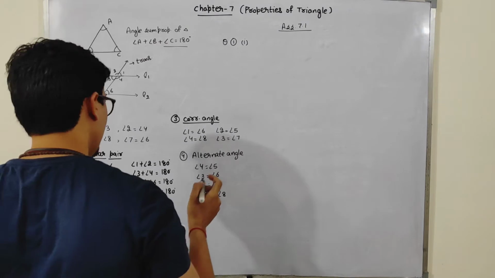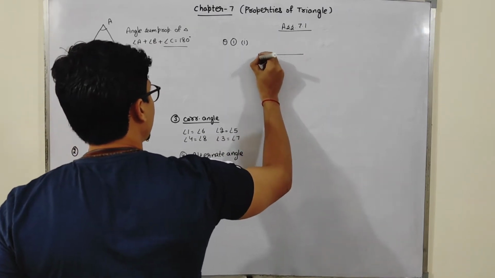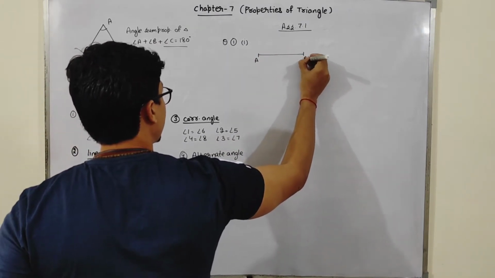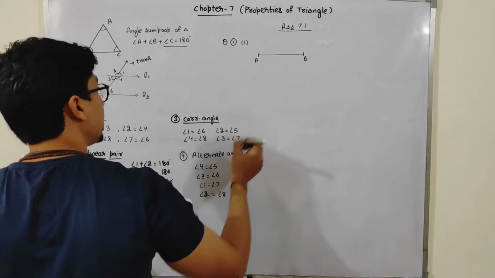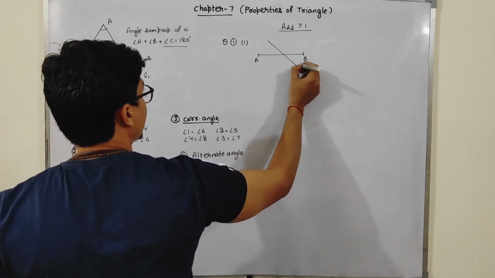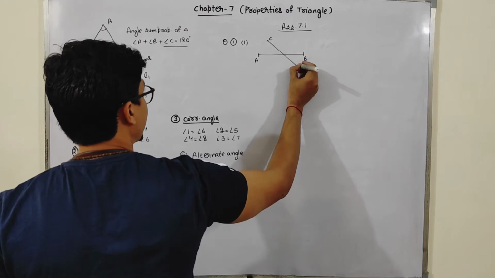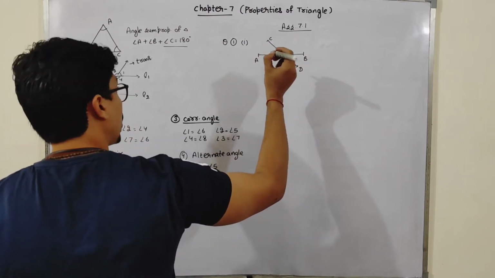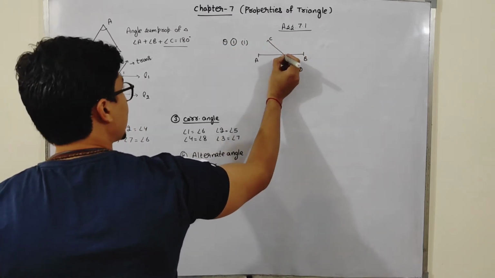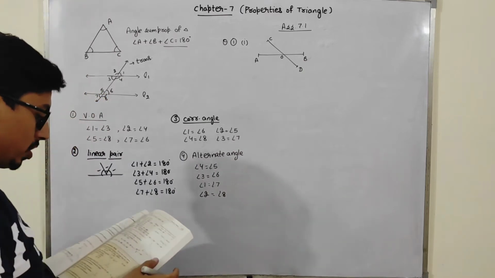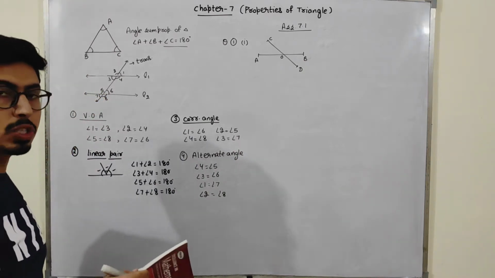See, line segment AB, this is AB, and CD, if I say this is C, this is D, intersecting at O, such that AC is parallel to DB.